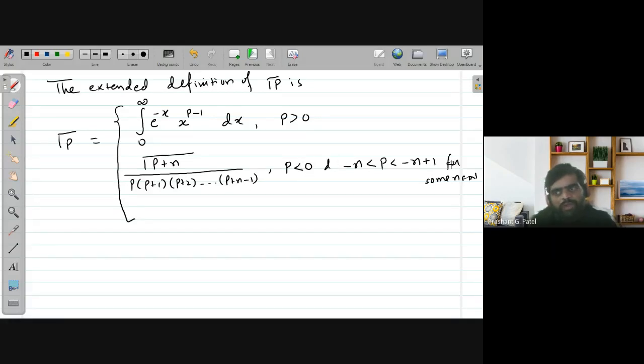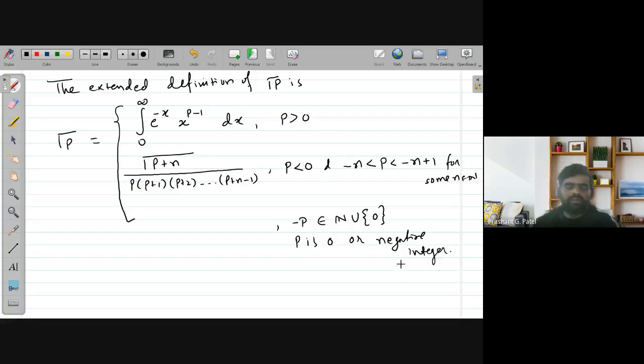And if minus p belongs to N union 0, that means p is 0 or a negative integer, then we define it as infinity, or I can say it is not defined. See, the earlier case is not an integer; it is a value of p between minus n to minus n plus 1, so any real number between these two.